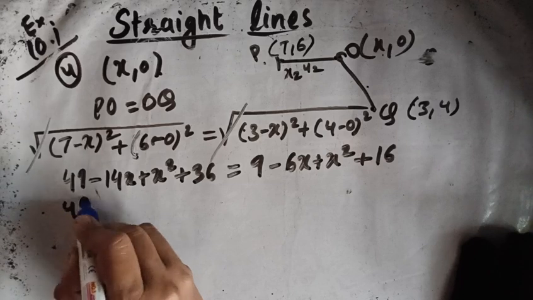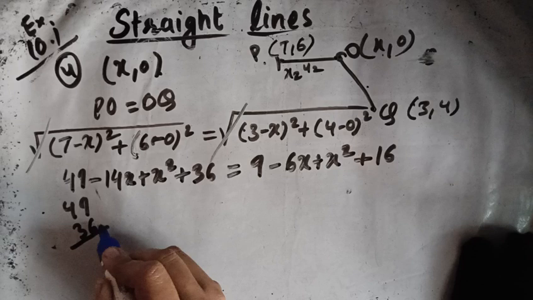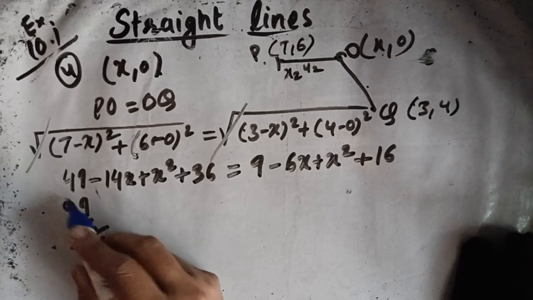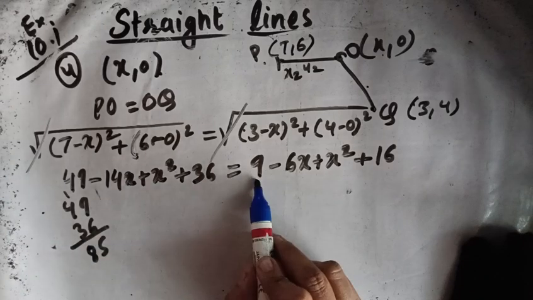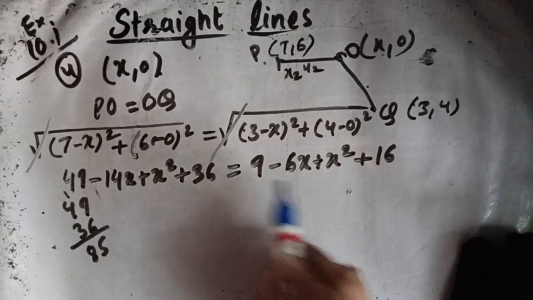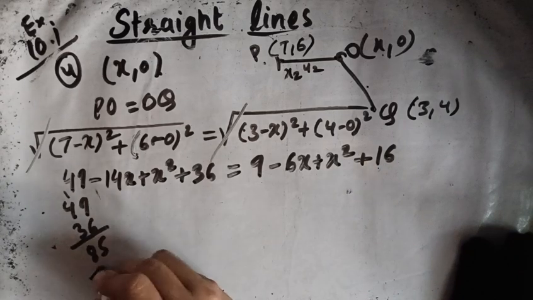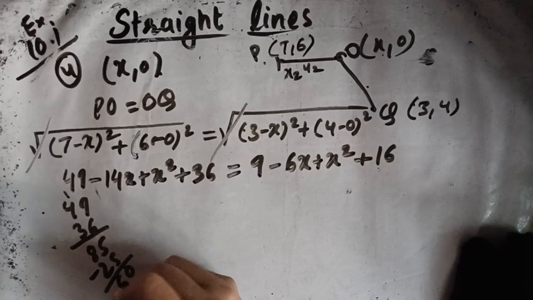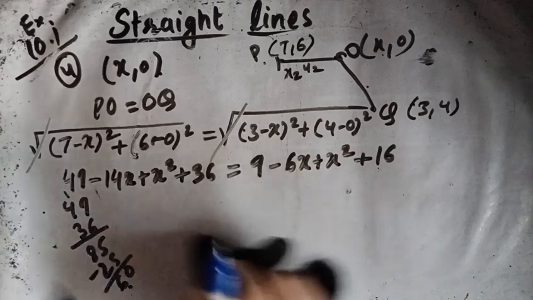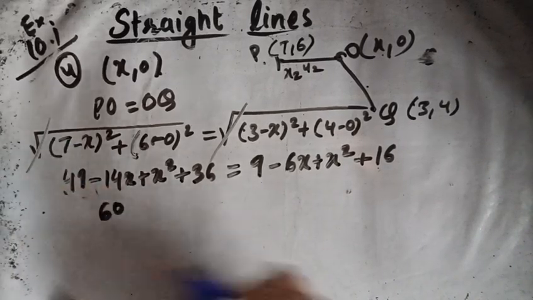Okay, 49 plus 36 is 85. Then 9 plus 16 is 25. That you have to subtract, so this is 60.